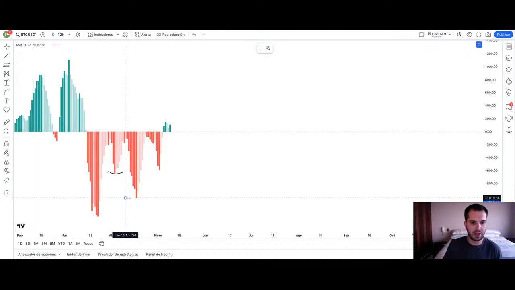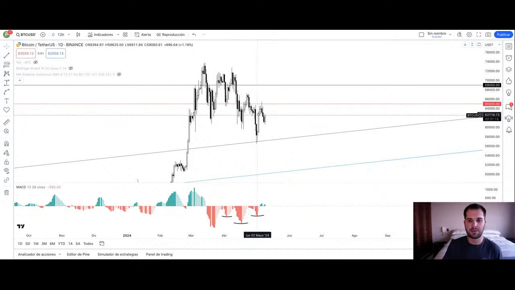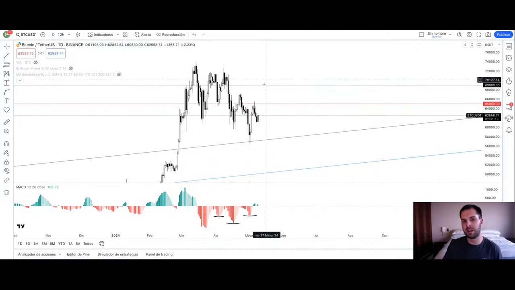It's not going to be as reliable as when you do patterns on the price, but you have an inverse head and shoulders here, and as soon as the positive momentum started drying out, we have a brand new positive momentum bar on the MACD printing, which is really interesting, which could possibly, as we've been saying, get us to higher prices, and after we break 65 and 69K, possibly go into price discovery.